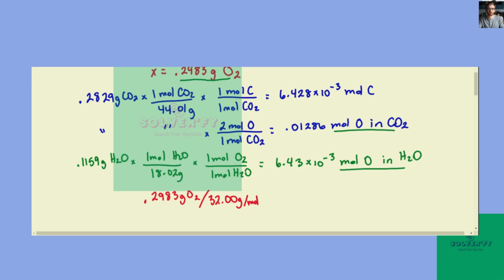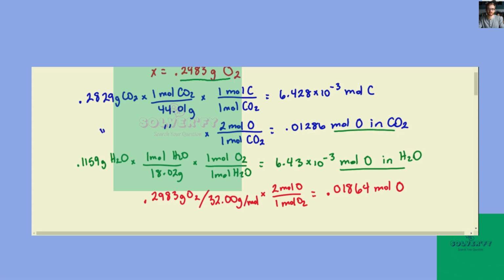And then in every O2, there are 2 moles of oxygen for every 1 mole of O2. Okay. This gives me 0.01864 moles of oxygen. Now, this number in red is the amount of oxygen that came from O2.